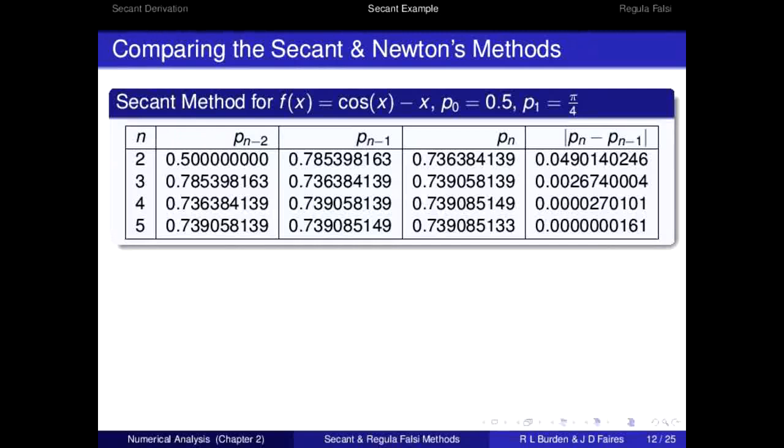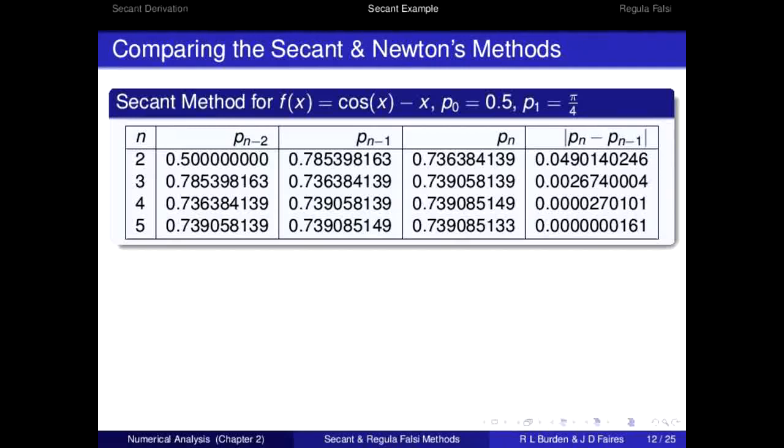P4 is extracted from P3 and P2, and P4 is 0.7391. Now I can see the values start to repeat.